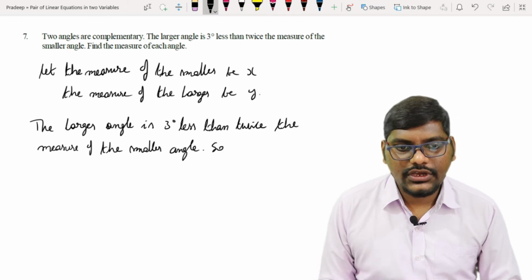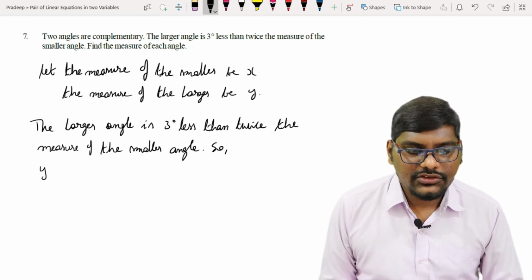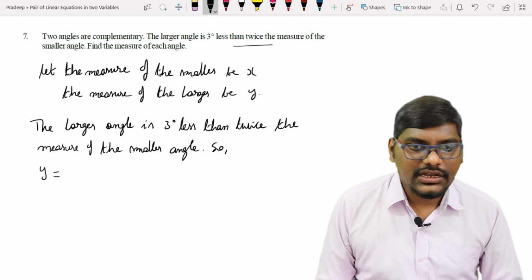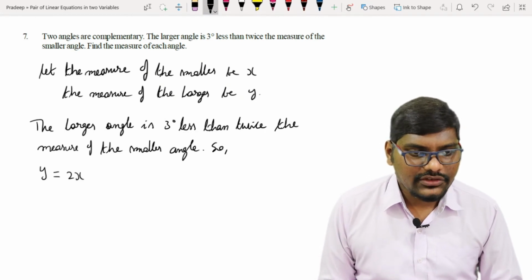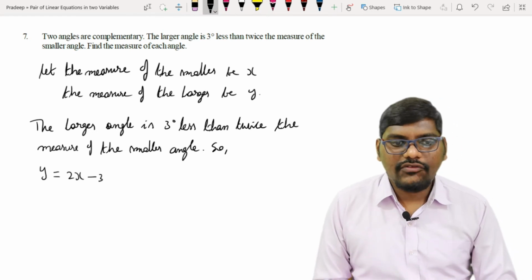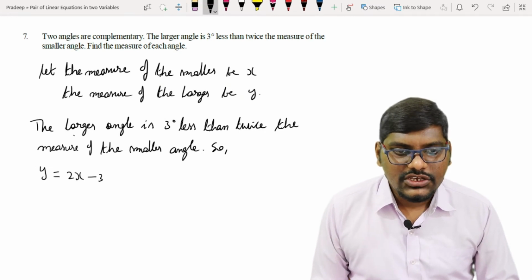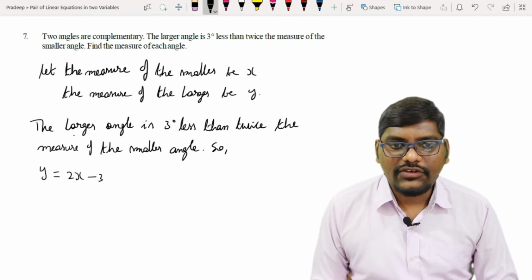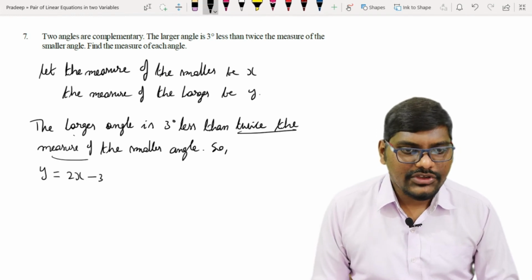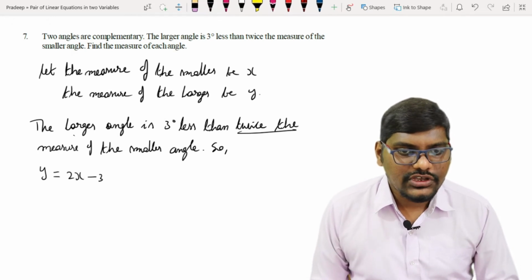They are saying about the larger angle, we took it as y. So y equal to twice the smaller, 2x, and 3 less than, so I can say minus 3. So we got y equal to 2x minus 3. That is the larger angle they are saying about. I wrote the larger angle, it was y. They said 3 less than, so I wrote minus 3. Twice the measure of smaller, smaller we took x, so twice the smaller means 2x.